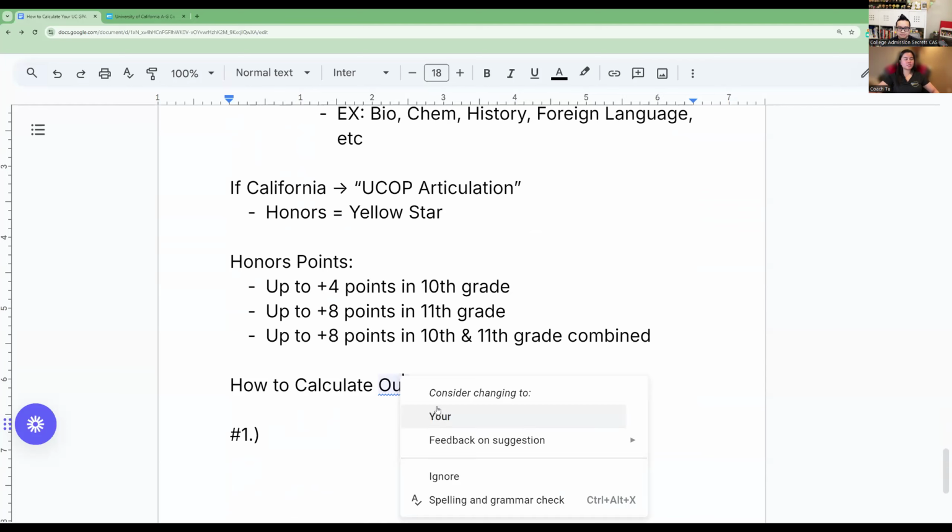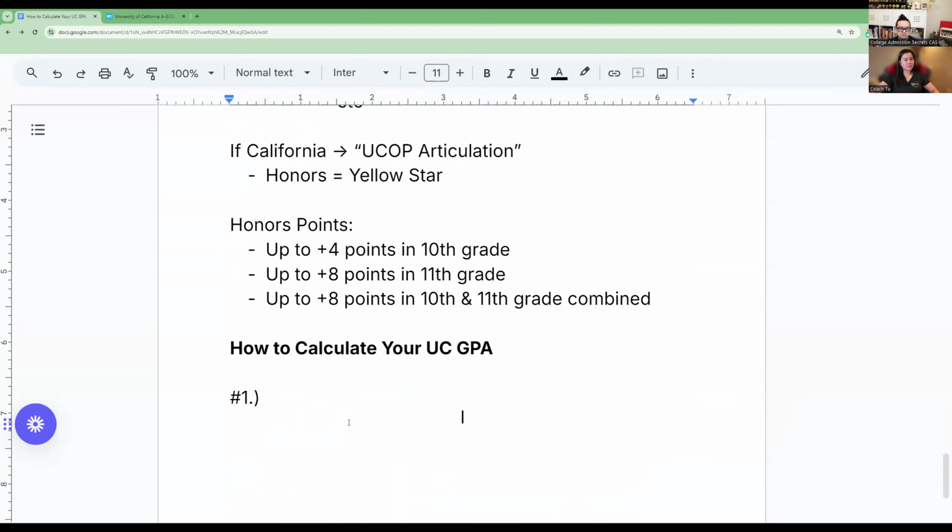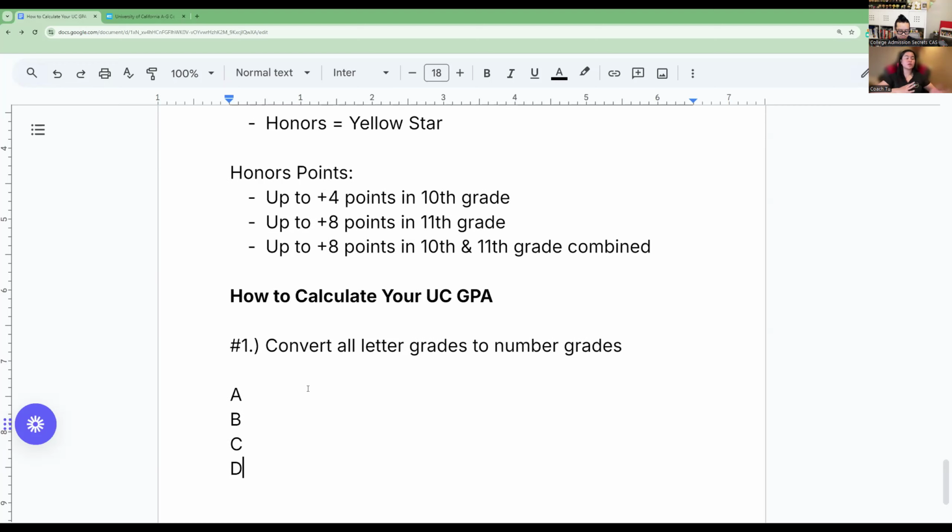Great question. So the first step would be the same thing. We will convert all of the letter grades to number grades. Just to recap, for those of you who were not here during the first half, A is equivalent to a 4, B is equivalent to a 3, C is equivalent to a 2, D is equivalent to a 1, F would be a 0.